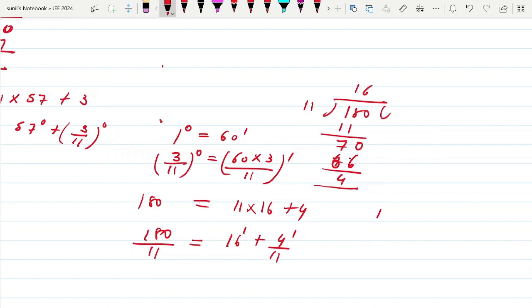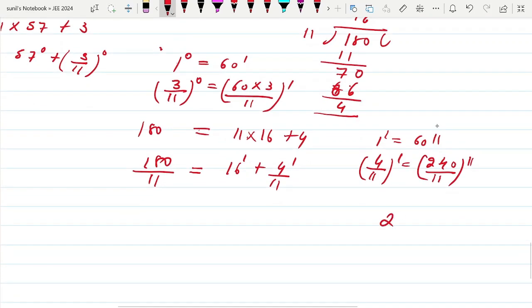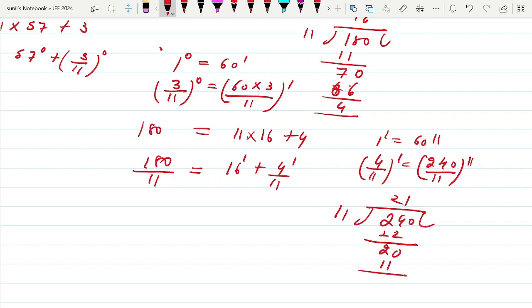We further know that 1 minute is equal to 60 seconds. So 4 by 11 minute is equal to 240 by 11 seconds. We divide 240 by 11: 2, then it goes 1, say 11, and it comes out to be 9, it goes on 8.